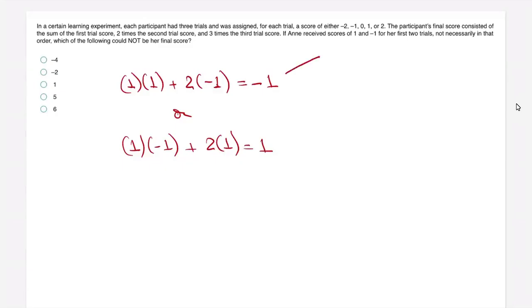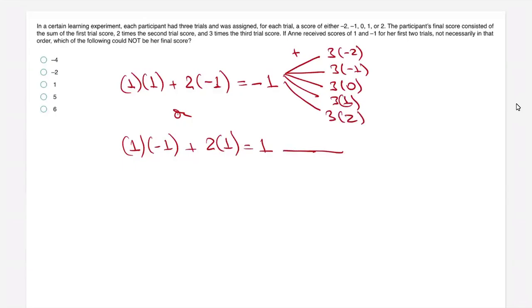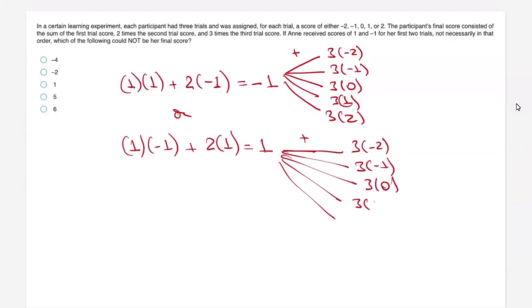Now, plus 3 times minus 2, or 3 times minus 1, or 3 times 0, or 3 times 1, or 3 times 2. And here the same: 3 times minus 2, 3 times minus 1, 3 times 0, 3 times 1, 3 times 2.